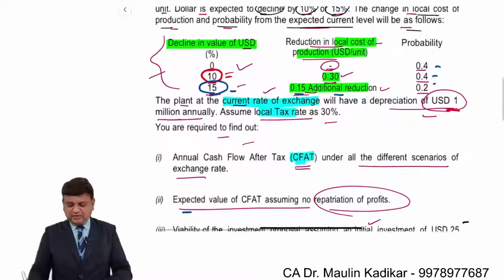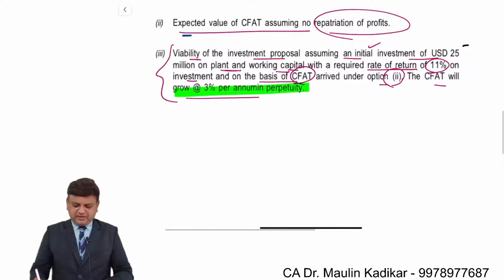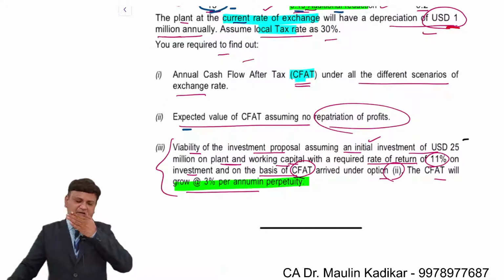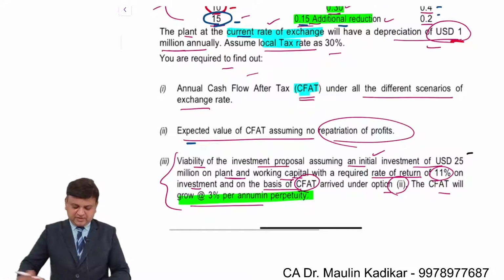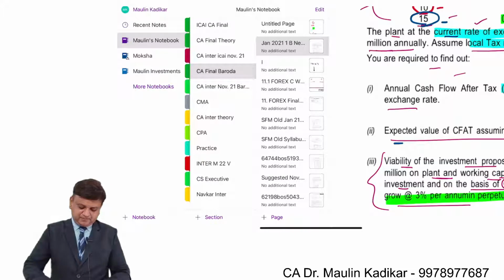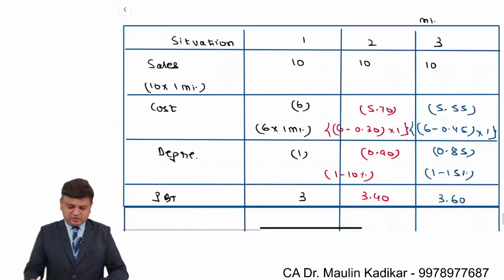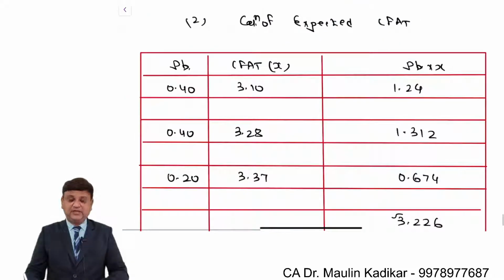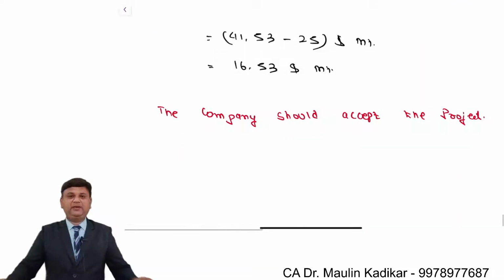And with that, we are required to make the calculation of the answer. This is very simple, because in security analysis and security valuation we cover a number of such examples. This is the way we are supposed to take the decision. So we have made the calculation of, first of all, the cash flows, then expected cash flow, and then NPV is calculated, and based on that the decision.